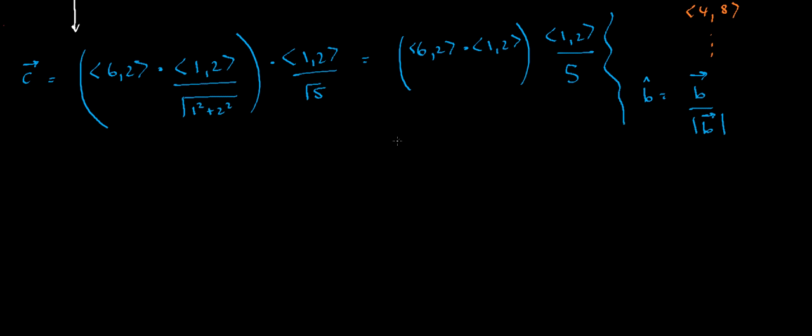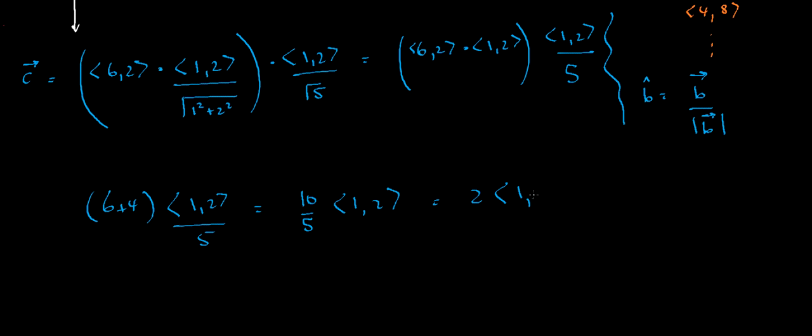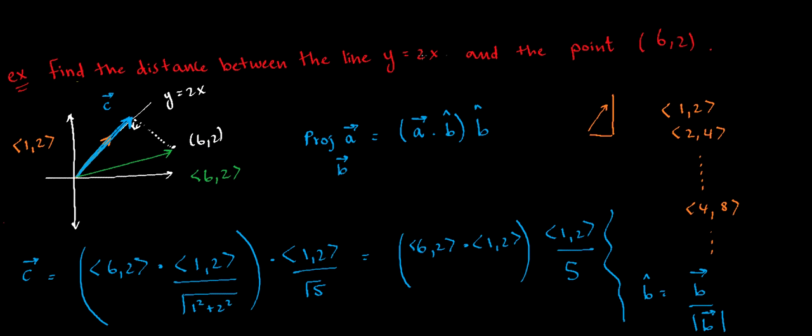So if I do this dot product, I get 6 plus 4 multiplied by 1, 2 over 5, which gives me 10 over 5 times 1, 2 equals 2. So this just scales the vector to be 2, 4. So I found out that the blue vector over here, C, is 2 and 4.